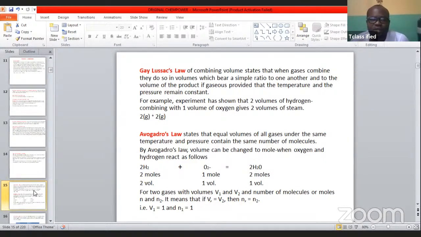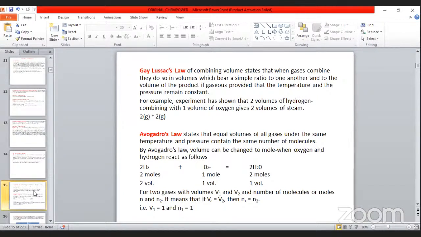But here we're talking about gases and we're talking about combining volume. So Gay-Lussac's law of combining volume states that when gases combine, they do so in volumes which bear a simple ratio to one another and to the volume of the product if gaseous, provided that the temperature and pressure remain constant. So this law is also a very important law.